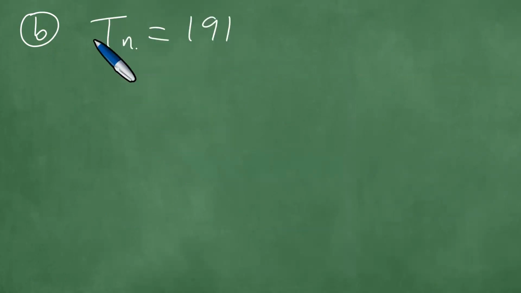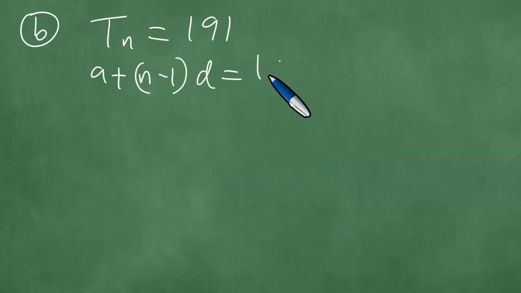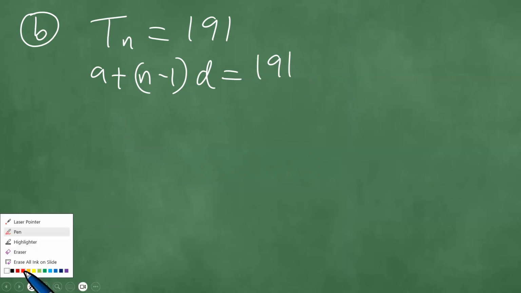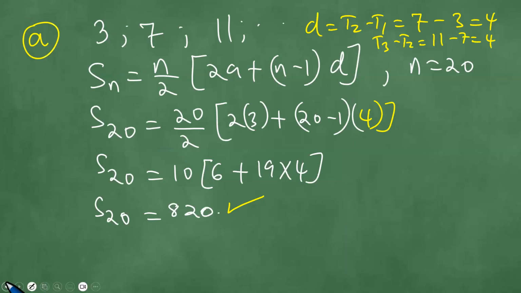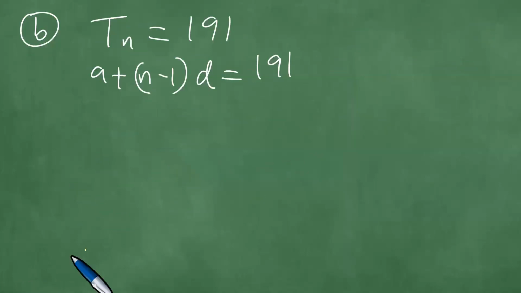But what is the formula for the nth term? It is a plus n minus 1 into the common difference, which is 191. But what is the sequence here? This sequence is 3, 7, 11, like this.